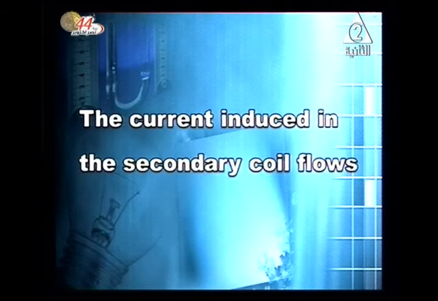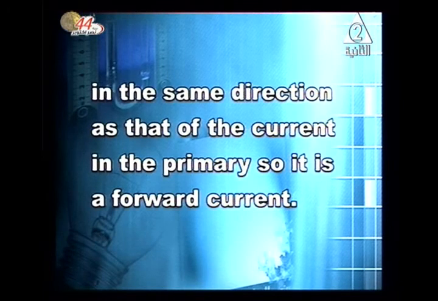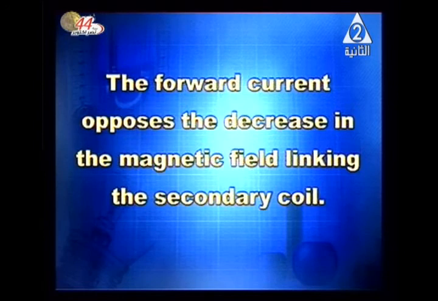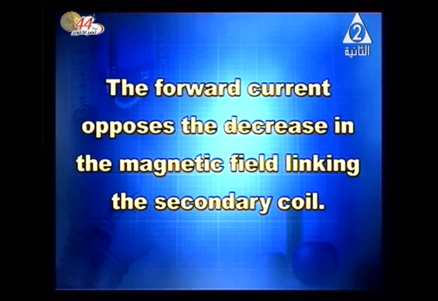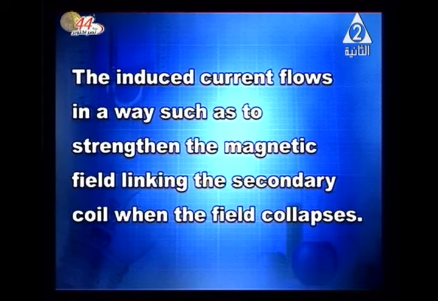The current induced in the secondary coil flows in the same direction as that of the current in the primary, so it is a forward current. The forward current opposes now the decrease in the magnetic field linking the secondary coil. The induced current flows in a way such as to strengthen the magnetic field linking the secondary coil when the field collapses.